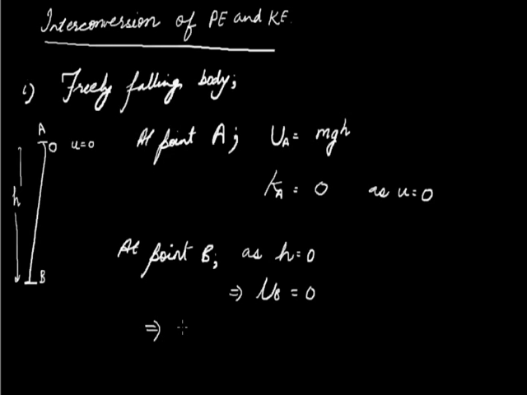By the third equation of motion, we can write the final velocity squared is equal to u squared plus 2gh, with g the acceleration due to gravity and h the height. But as we know the initial velocity was 0, the final velocity remains v squared is equal to 2gh.